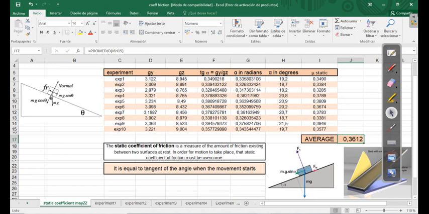We can do more things. We can calculate the relative error for each of these measurements to see if they are good or not. You can add here, for example, the error.